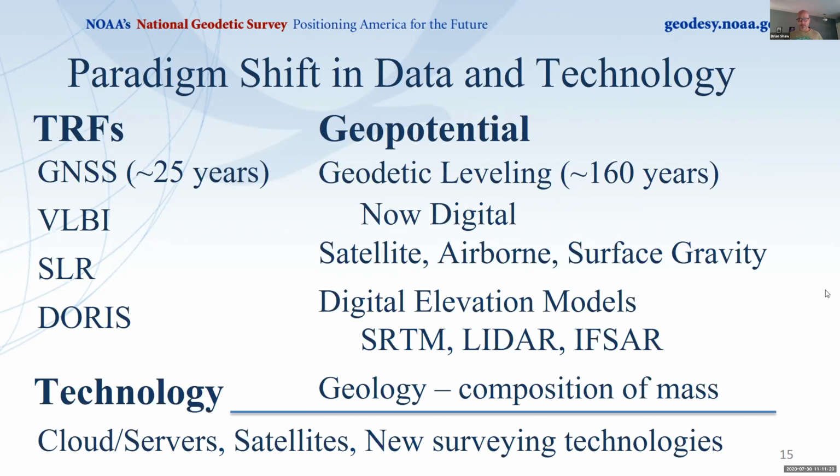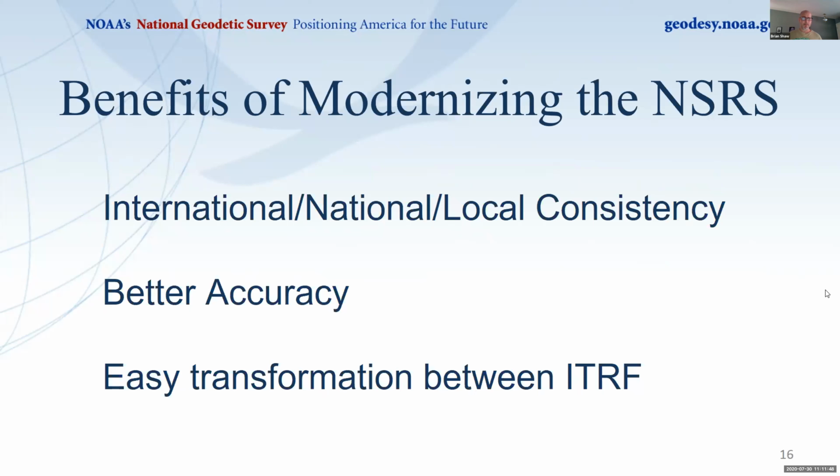And so this allows for the digital elevation models to be created much more accurately. And so we're really getting to a point today of technology needing this more accurate infrastructure, working with cloud servers and satellites and new surveying technologies that give us a super accurate position in mere seconds. So this is the real reason for the need to modernize the National Spatial Reference System.